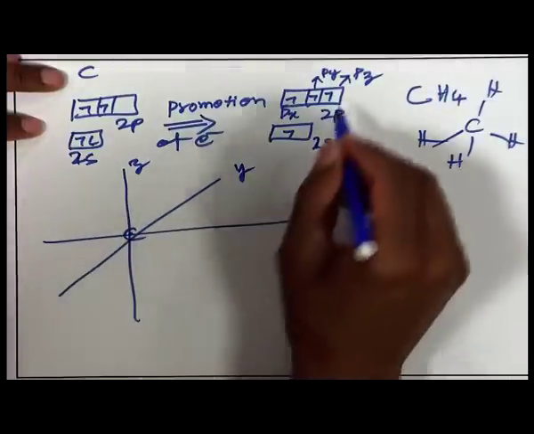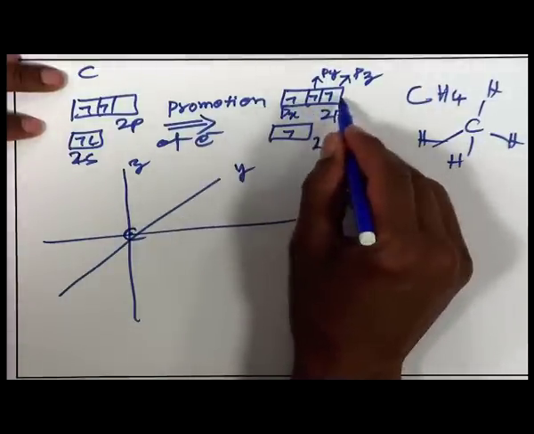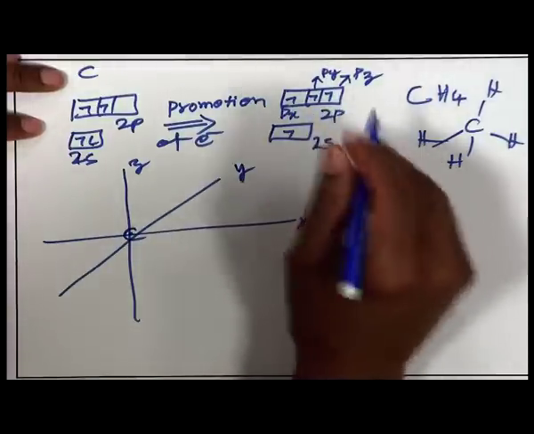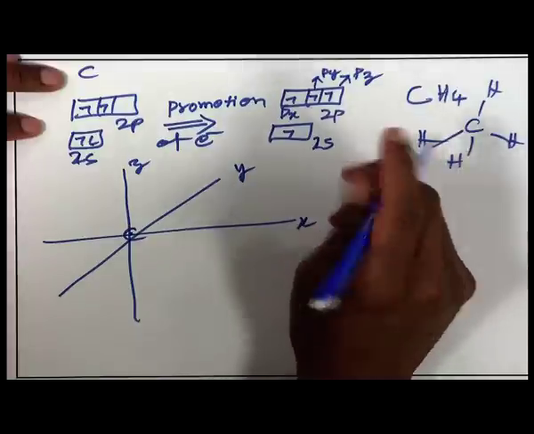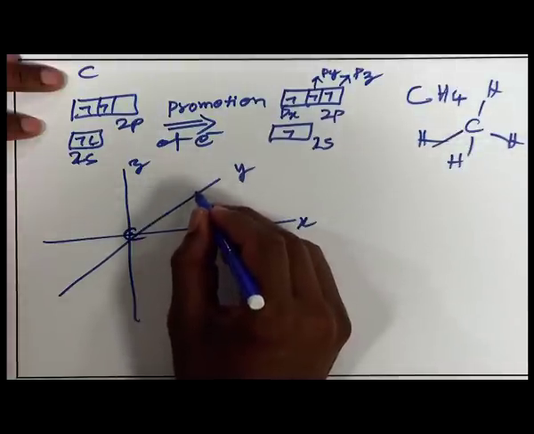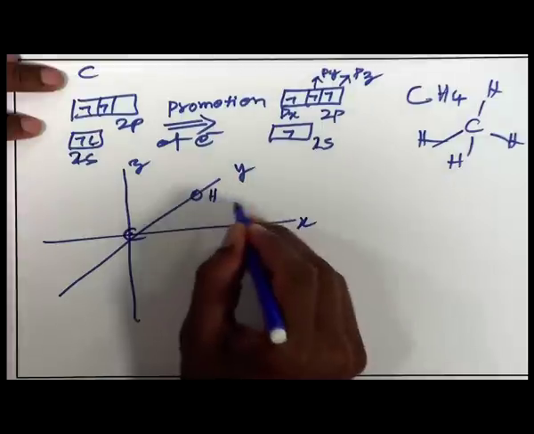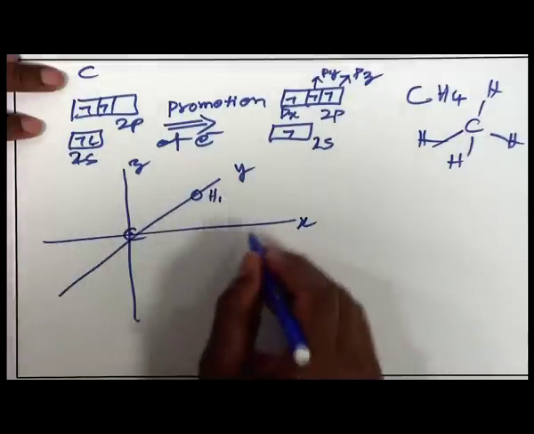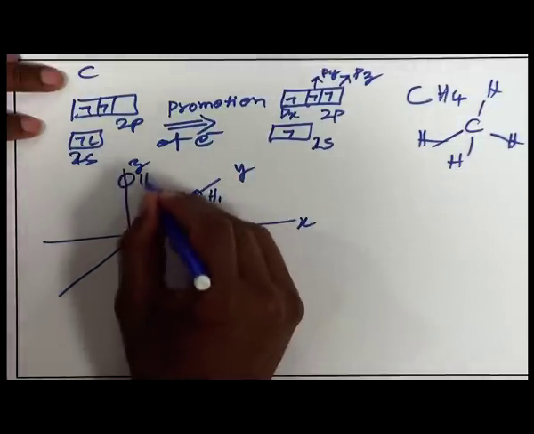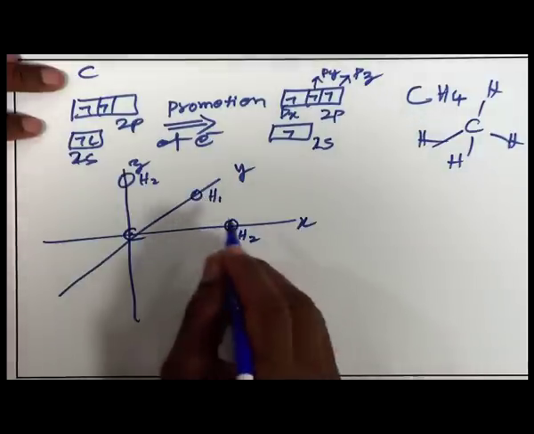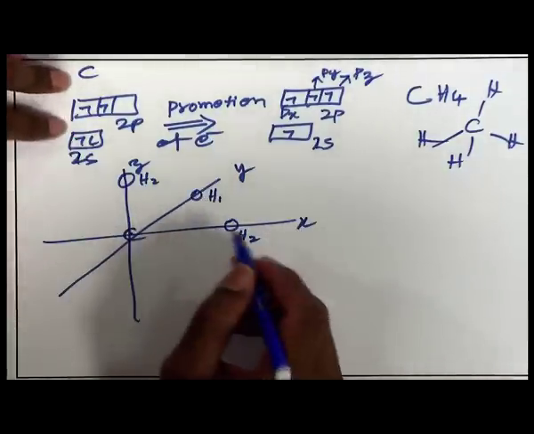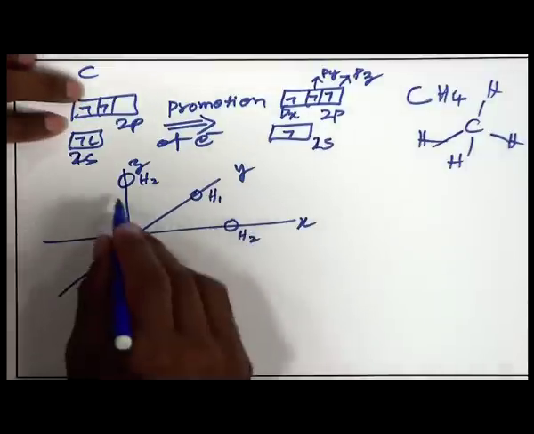So, these 3 p orbitals can combine with 3 hydrogen atoms, each having 1 electron. You put a hydrogen atom here, another hydrogen atom here, and another here. So, 3 covalent bonds are formed using the 3 p orbitals.